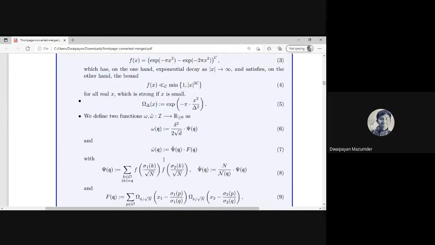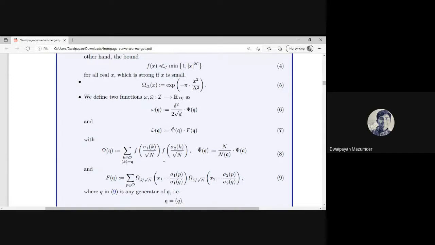For the time being, just take this delta: omega_delta(x) is exponential of minus pi times x squared by delta squared, and then we define two functions. These are the weight functions, and observe once more that we are taking this over an ideal. So your weight functions are omega_q, where q is an ideal, with delta squared by 2 square root of 2, and we have psi(q), and omega tilde of q equals psi tilde of q times f_q, where psi(q) is just this summation.